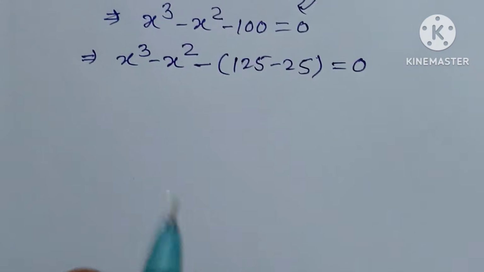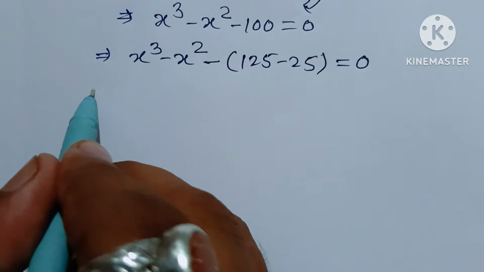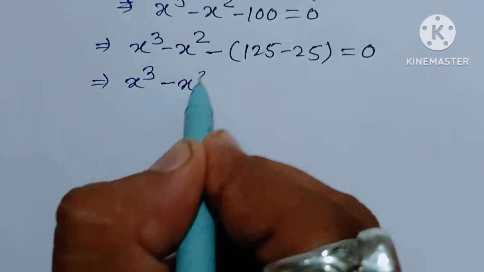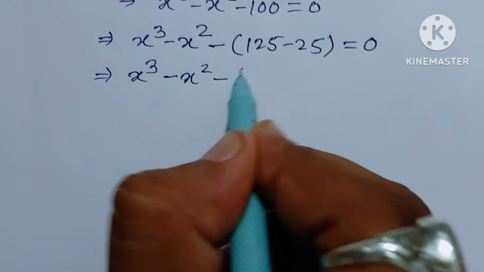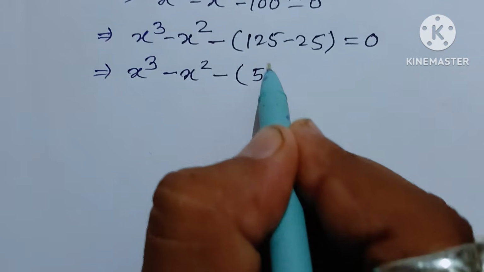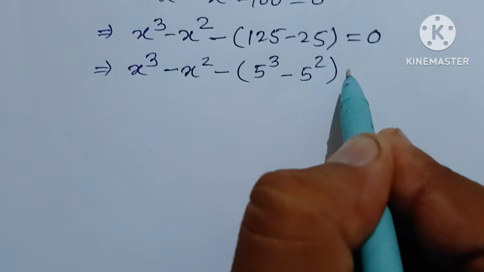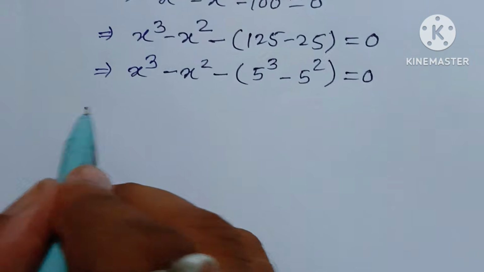In this way we can write 100. Then x cube minus x square minus 125, which is a cube of 5, minus 25, which is a square of 5. In this way we can solve.